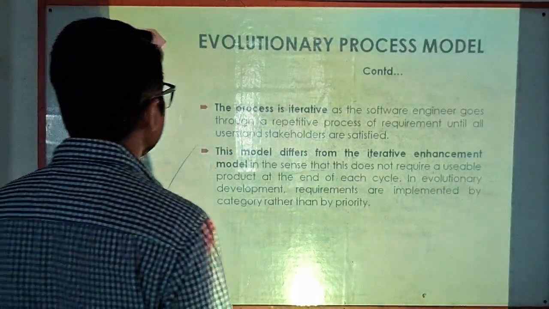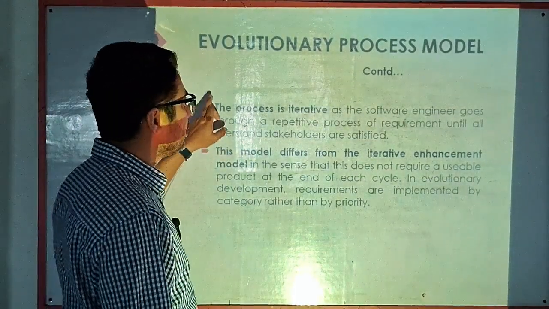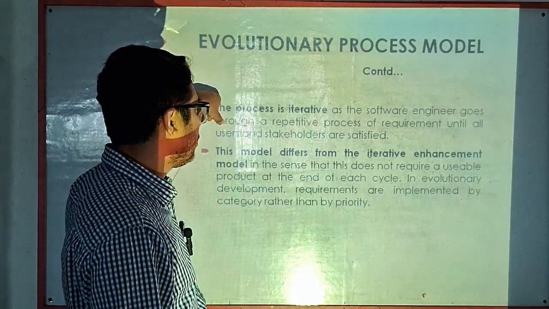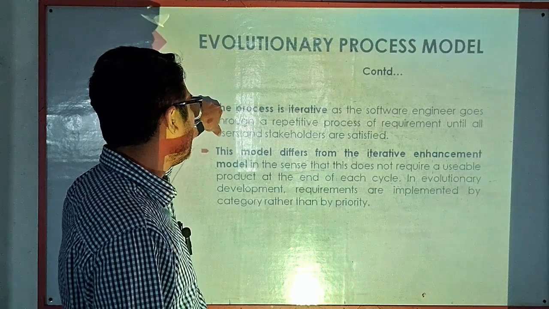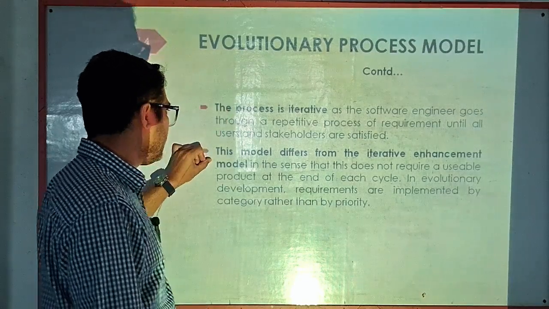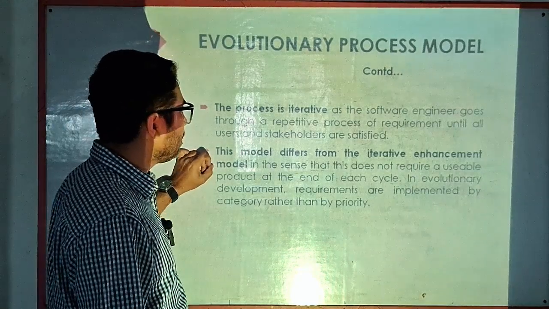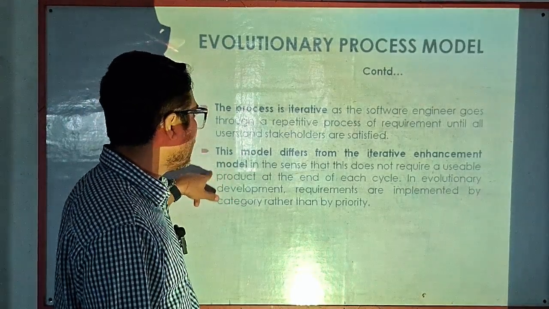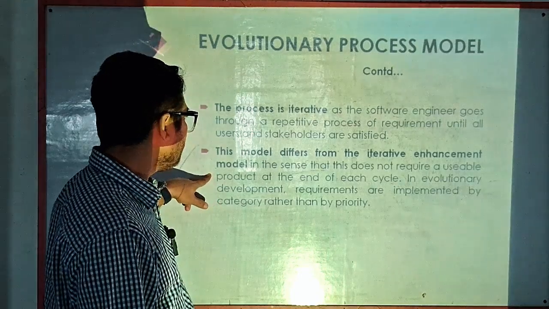This is an iterative model, and the software engineer goes through a repetitive process of requirements until the user and stakeholders are satisfied. This model differs from the iterative model in the sense that it does not require a usable product at the end of each cycle.